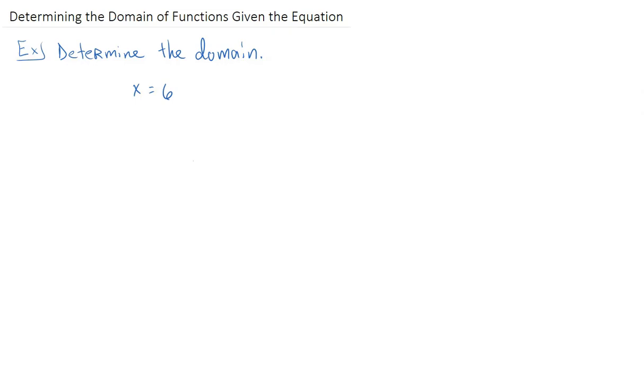It doesn't have to be a function. But here, remember, the domain is what x is. Well, this equation just tells us straight up what the domain is. Here, x is 6. That's it. x equals 6, and it's a vertical line that's just going through that one x value. So the domain, and we need to use our set notation, is just going to be 6.